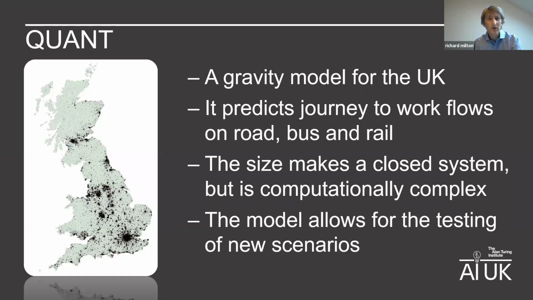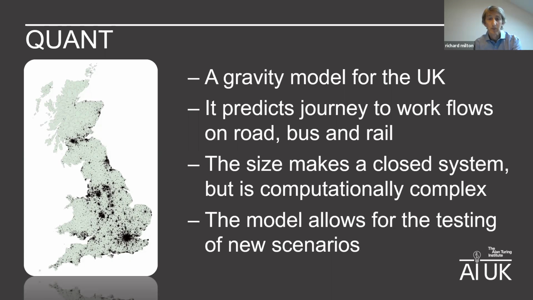Now, as you can see, it's a big model. It's for England, Scotland, and Wales. Now, the size makes it a closed system. If we'd just, say, taken a model of London, you'd always be having problems where there are out of zone flows, moving into the zonal model. By having it as big as this, everybody tends to work and live on the same part of the island.